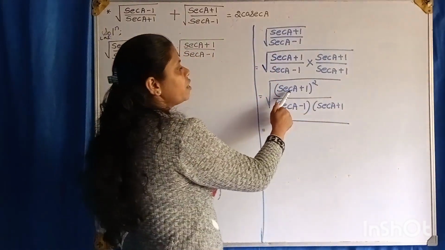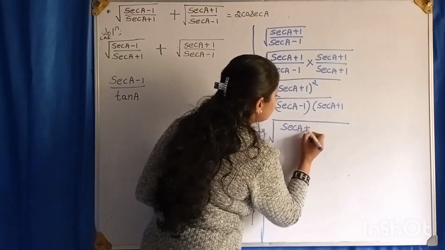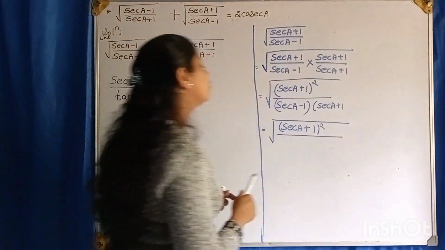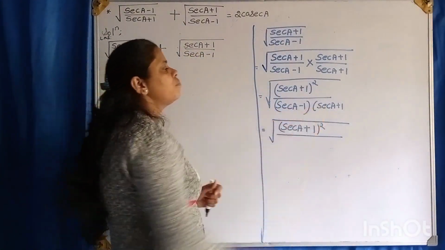Let me write down the numerator as it is. That is secant A plus 1 the whole square divided by, now look at this one, secant A minus 1 into secant A plus 1.